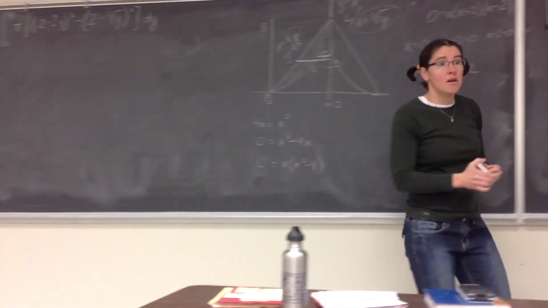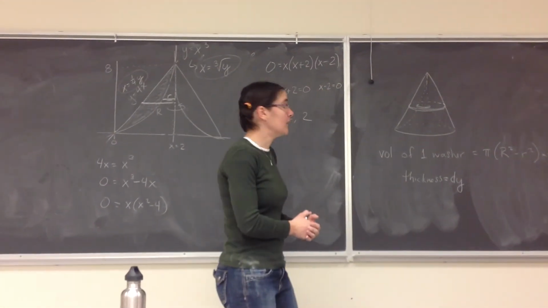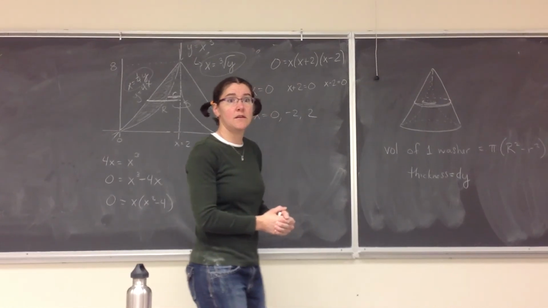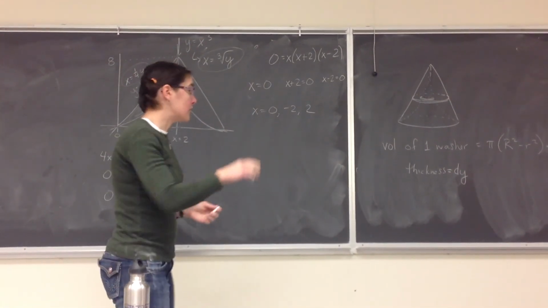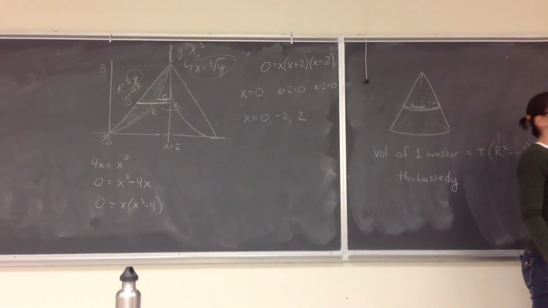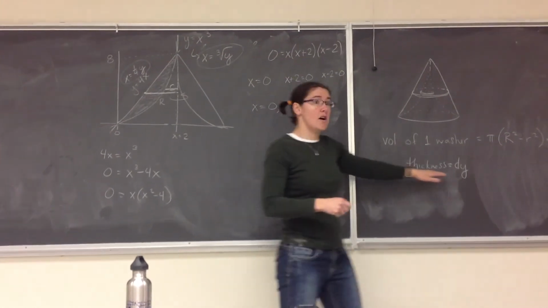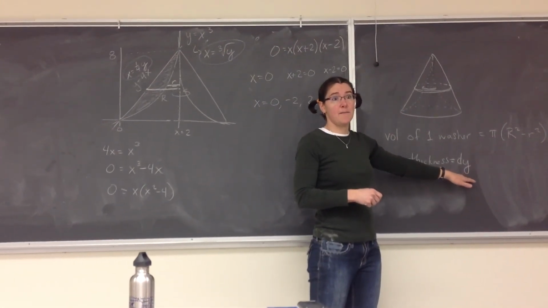So the reason that you changed the x to y value is because you're... So the reason that I used the y values as opposed to, say, 2 minus x squared here, or x cubed there, is because our thickness choice was dy.